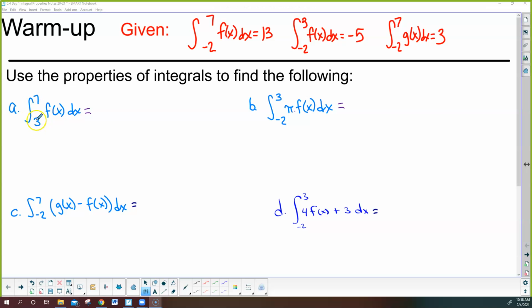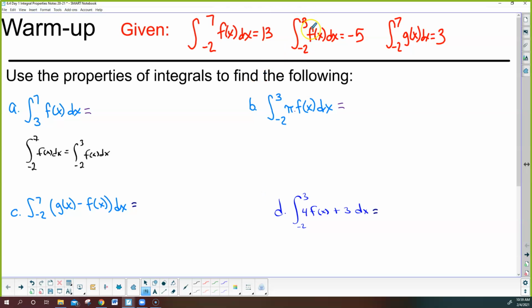And I have to find the area under the curve of f from 3 to 7. Well, I know the full area from -2 to 7, and I know the area from -2 to 3. So I'm not saying you have to do this, but here's the idea of this concept. What do we know? Well, I know that if I go from -2 to 7 of f of x, that can be split up as the integral from -2 to 3 of f of x dx.